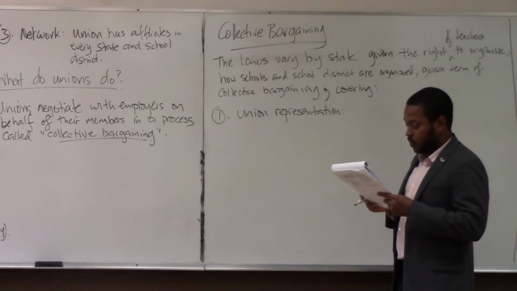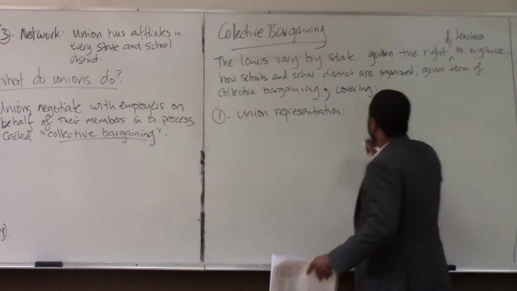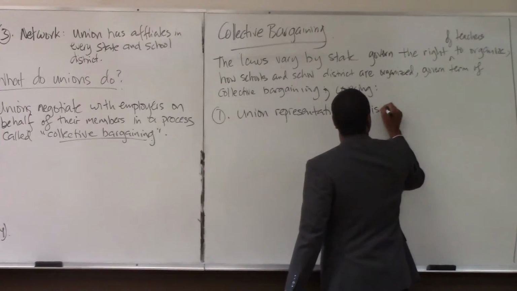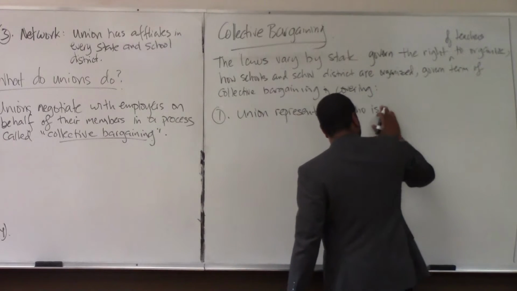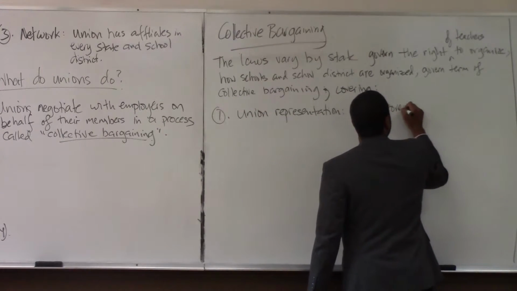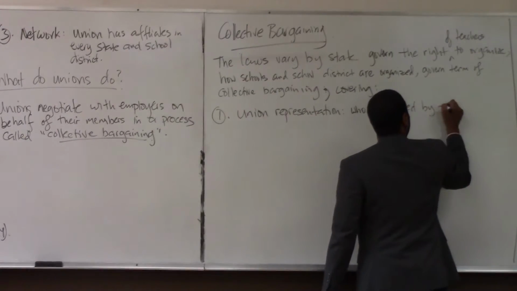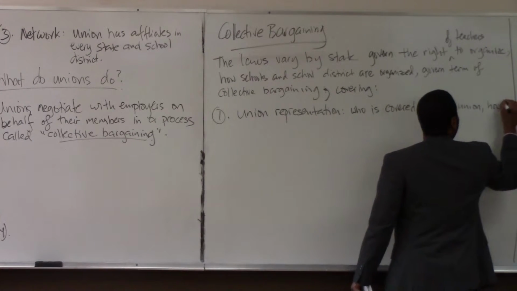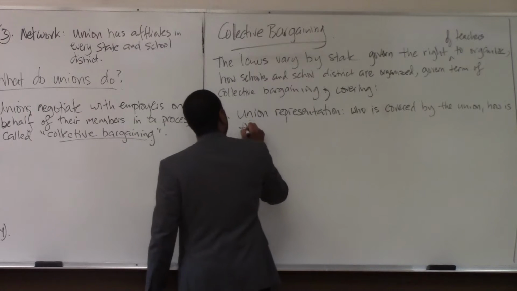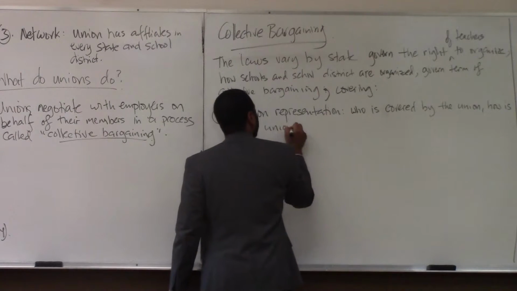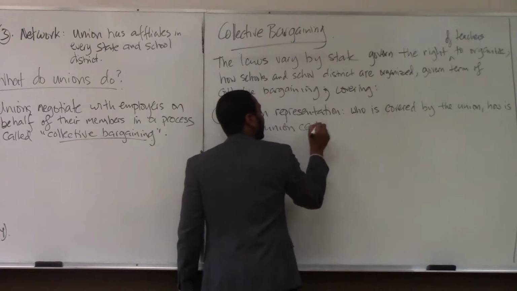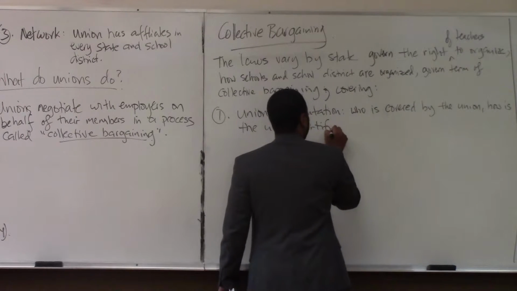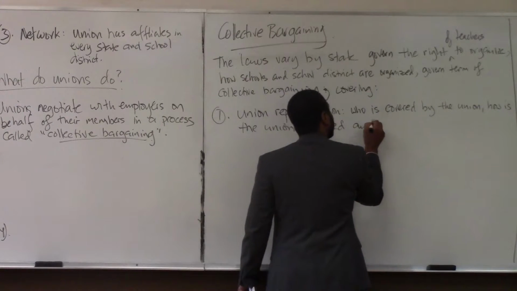Yep. Exactly. So this is like, who is covered by the union? Is it just certain types of workers? Who's covered by the union? How is the union certified? And by certified, this means established as a legal entity. And also decertified.